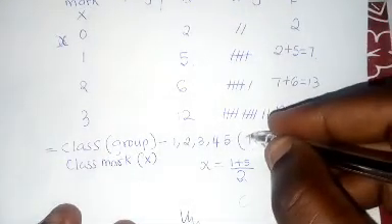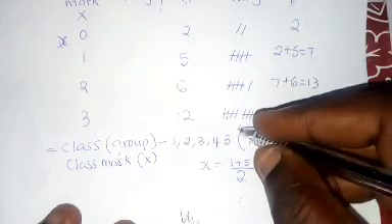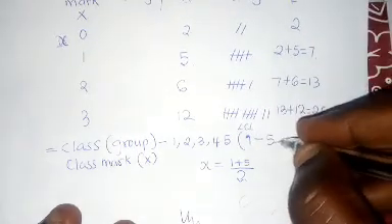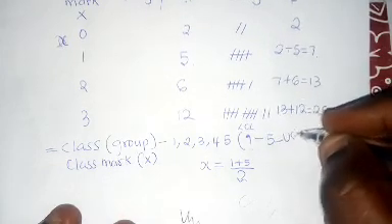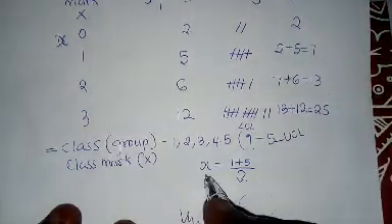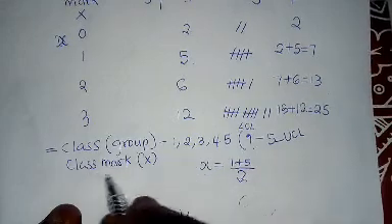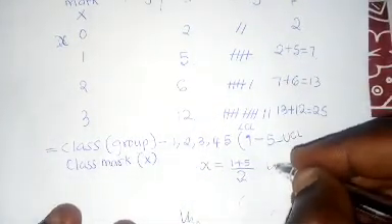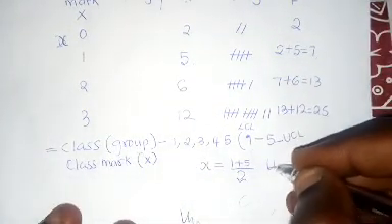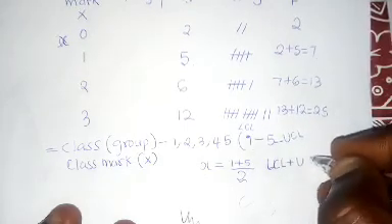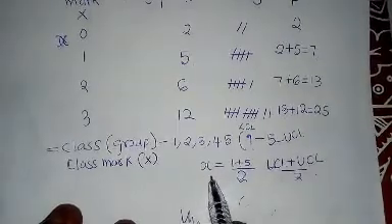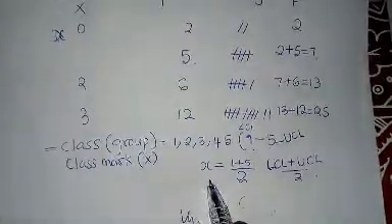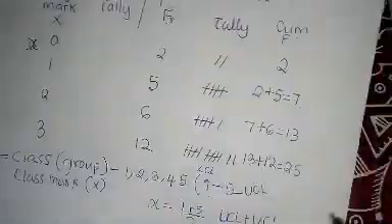This is a class limit, called the lower class limit, while this is also a class limit, called the upper class limit. To calculate the class mark, you add the lower class limit plus the upper class limit, divided by 2. That gives you the class mark, the representative of the class. That's what we call class limits.